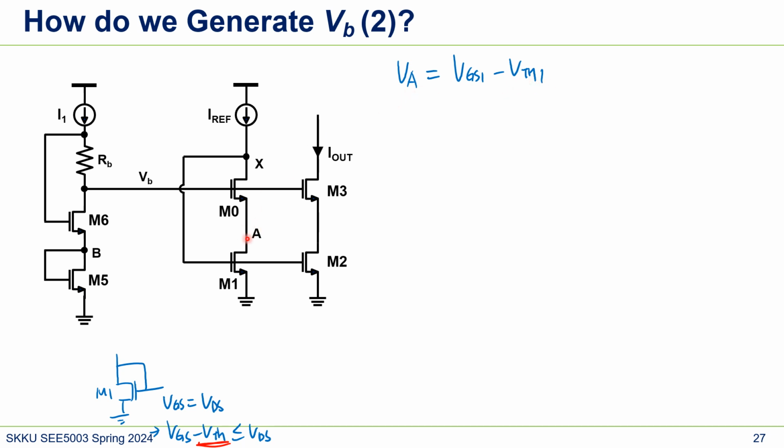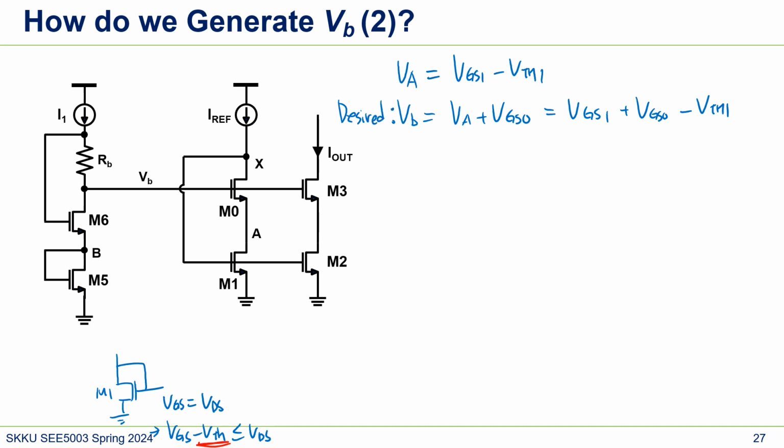If the voltage of VA is this voltage, this M1 is at the edge of saturation, right? So VB is VA plus VGS0, which is VGS1 plus VGS0 minus VTH1. This is our target to make our desired VB.